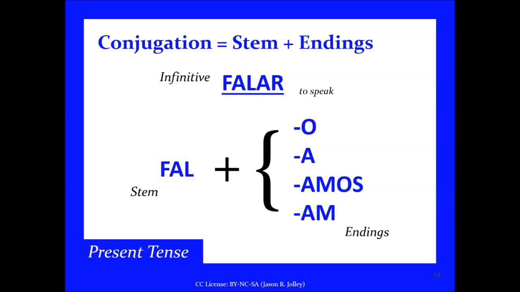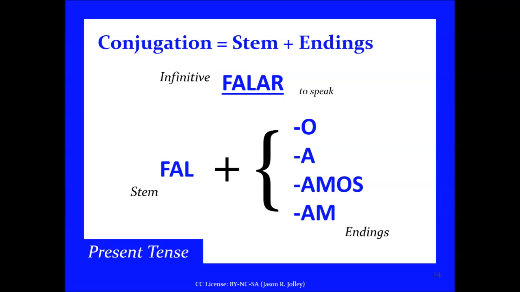Back to that idea. In general, the pattern used to conjugate all verbs in the present tense is the same, the one you see on this slide. We begin with the infinitive in mind, split the stem off by removing the final 2 letters, and then add the endings that mark both the tense and the subject position or conjugation position.